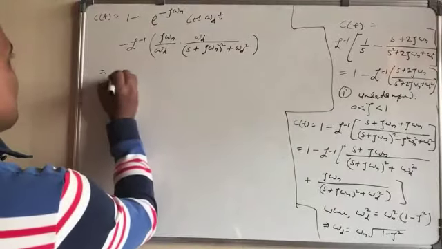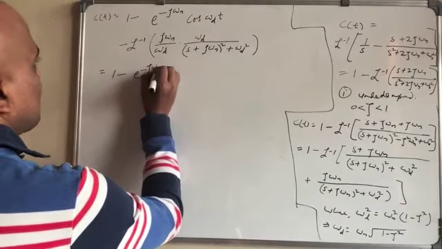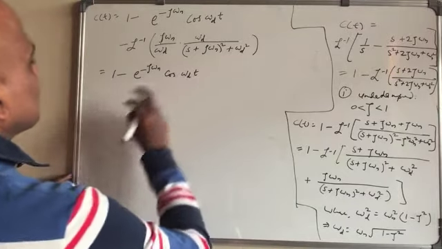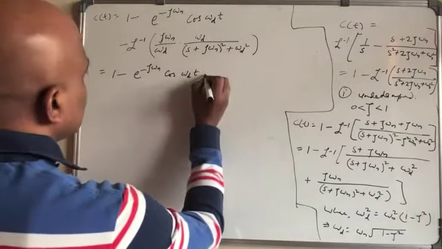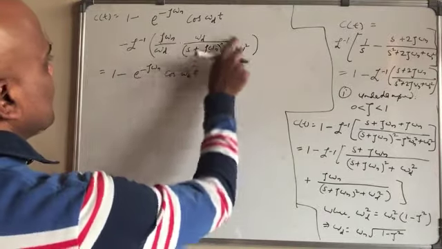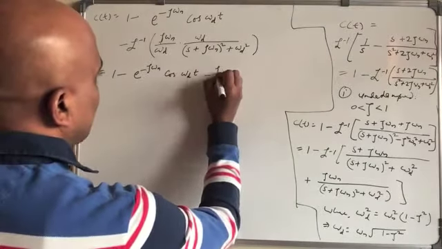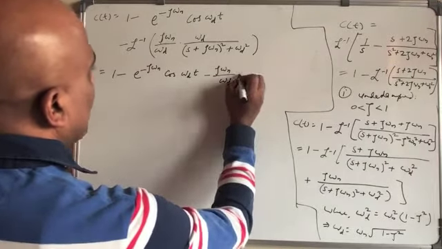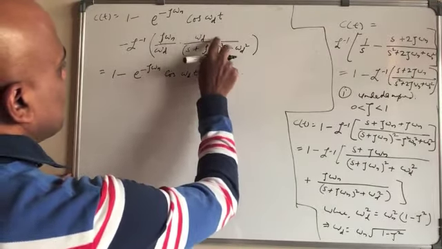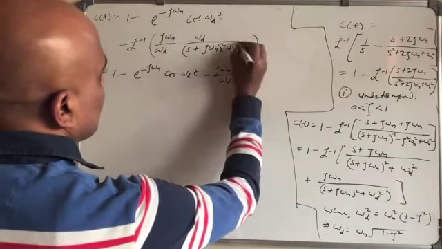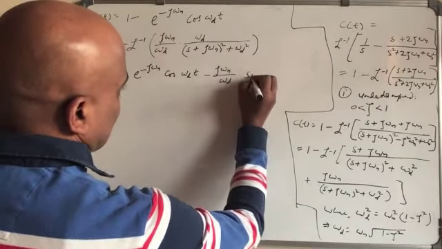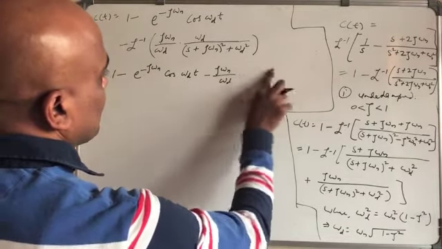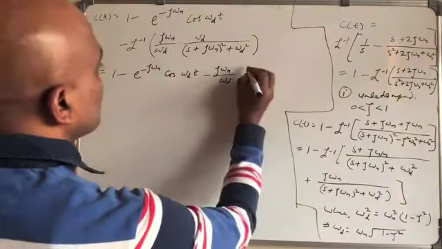So next we have 1 minus e to power minus zeta omega n t cos omega d t minus, so this you can take outside, zeta omega n over omega d, and this one inverse Laplace transform of this part will give you sine. So this is sine omega d t, not only sine, there has to be e to the power.